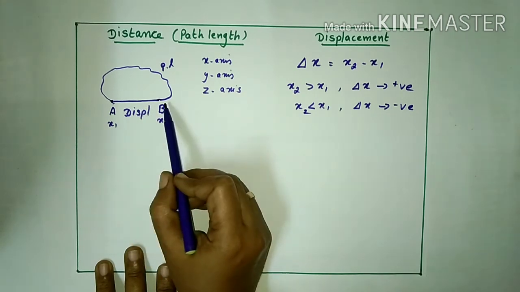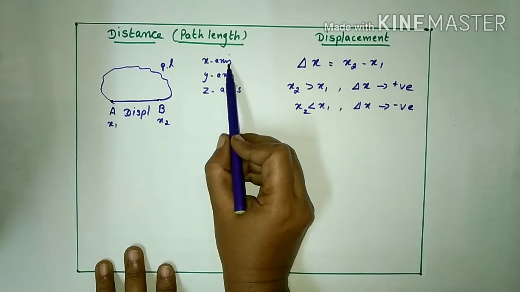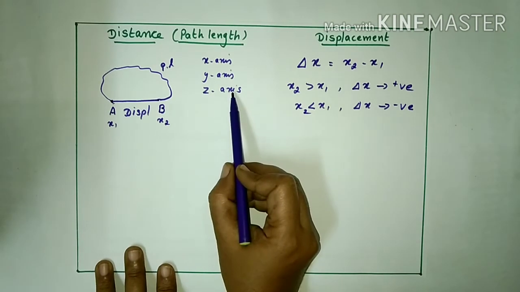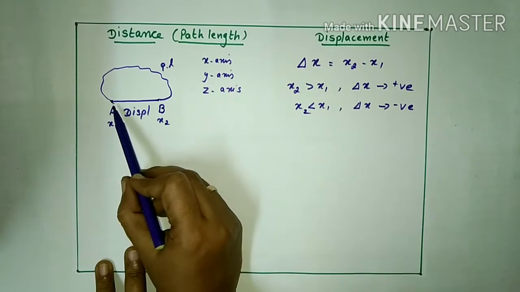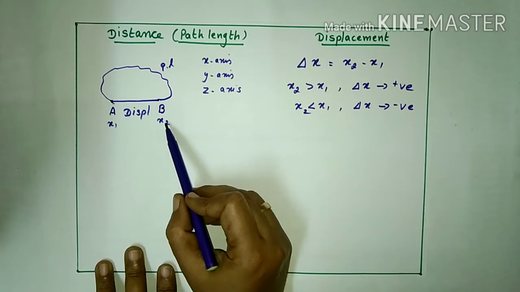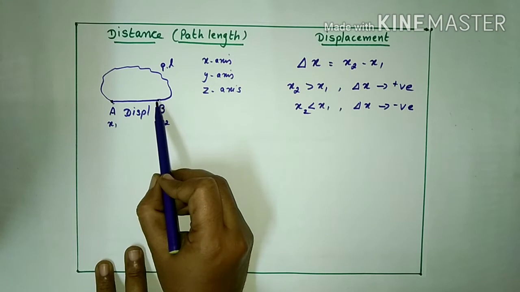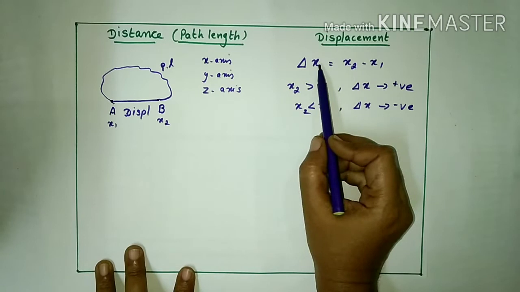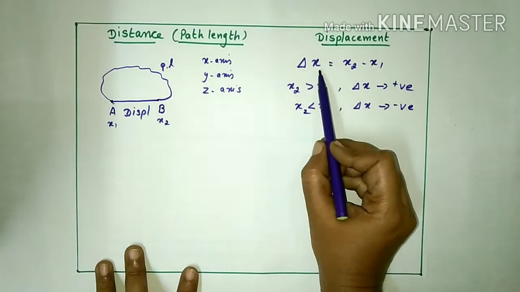In one dimension, to represent the position of a particle, we need any one set of axes, either x-axis or y-axis or z-axis. If you choose x-axis, we represent the initial position as x1 and final position as x2. Change in position of the particle is known as the displacement. To represent this displacement, we use delta x.